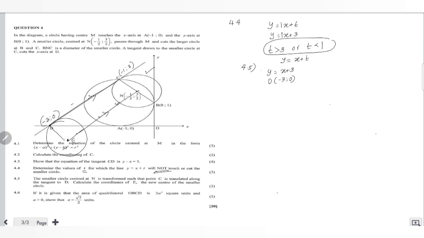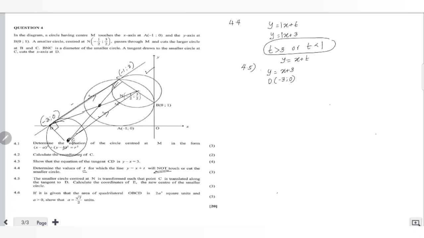Or if you join it, this is 90 degrees, so this is also 90 degrees. So you can get a right angle triangle. So you can go by diagonals, midpoint, we can get it. Diagonals bisect each other, you know that. So use this one, find the midpoint, and from C you can find midpoint. Using midpoint we can find the value of E.